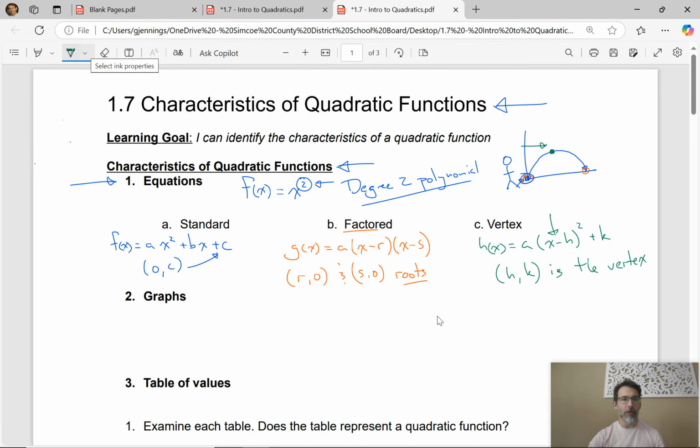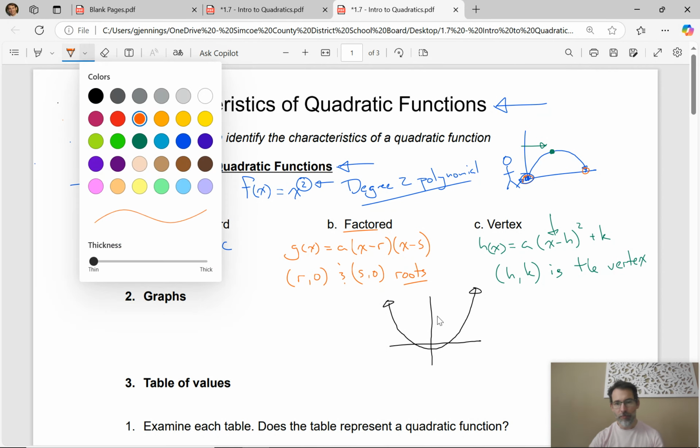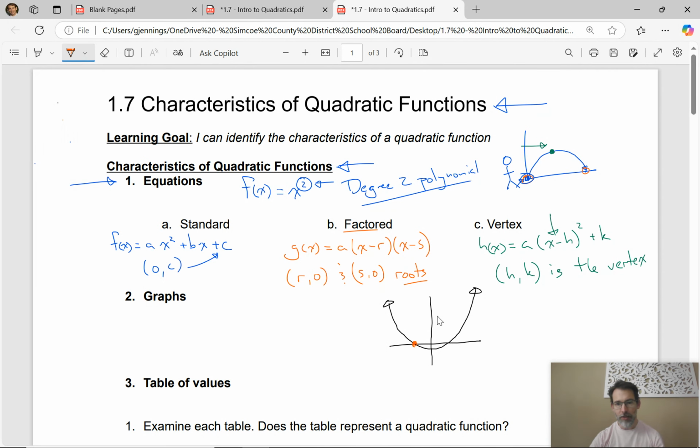Okay, let's keep going. Graphs, on the other hand, sometimes we're going to look at a graph, all right? And a graph might look something like this, folks. Okay, where we have a wee like that, okay? And we might want to identify things like the roots, so I'll do the roots in orange. So these are the roots here.